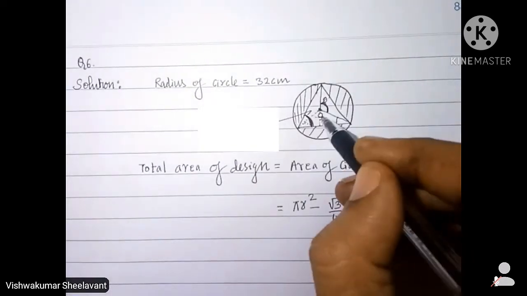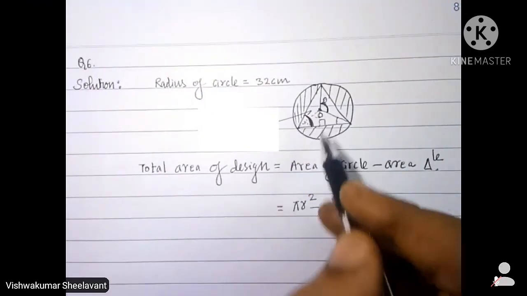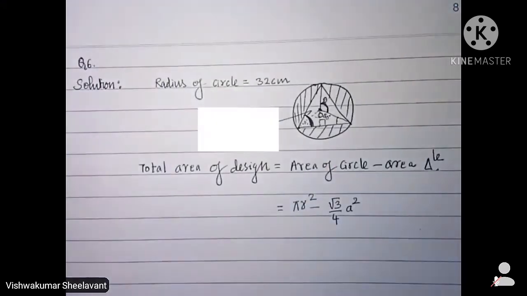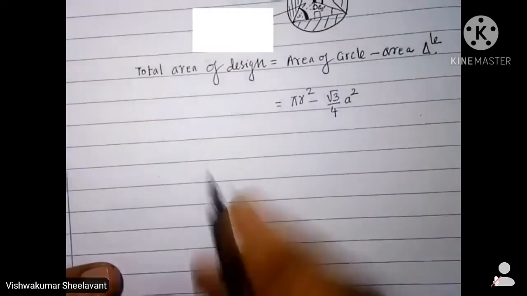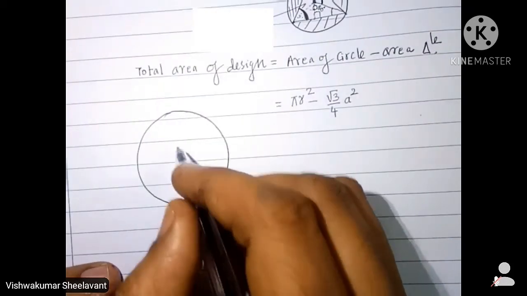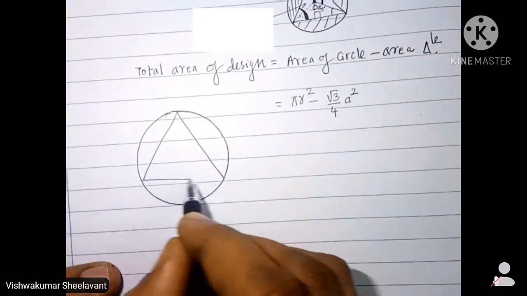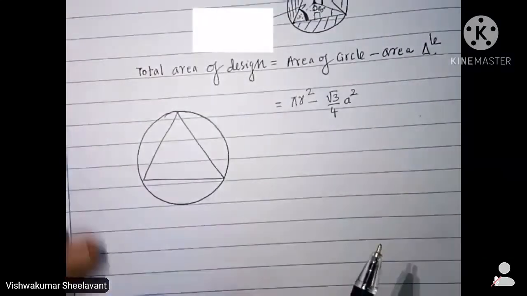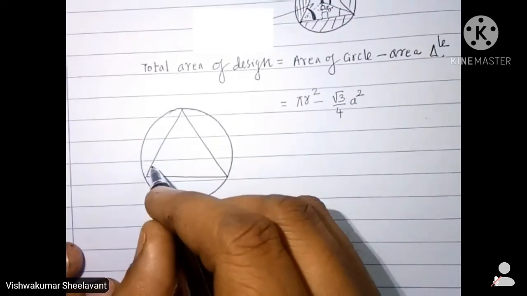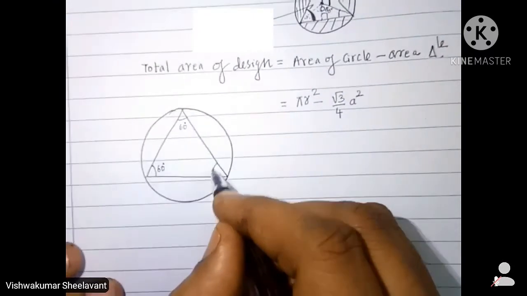If you draw an altitude like this, the 120 degree will be divided into two parts. Again you will have here 60 degree. I will redraw it here so that you can see it properly. You all know that the internal angles of an equilateral triangle are 60 degrees, 60 degrees, 60 degrees, right?